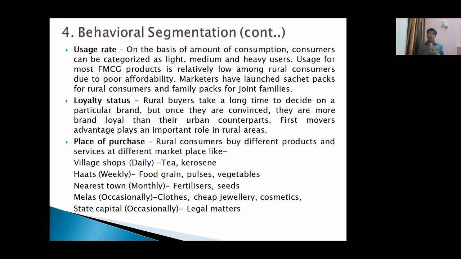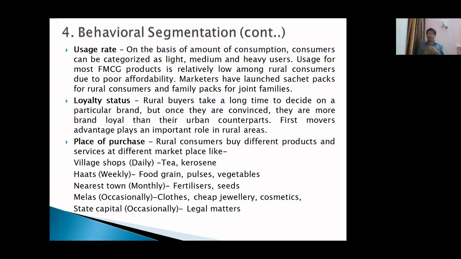In rural markets, people will prefer weekly haats for purchase of food grains, pulses, and vegetables. They will go to the nearby town on a monthly basis for fertilizer and seed. For clothes, jewelry, and cosmetics, they will be visiting melas, which is occasional.